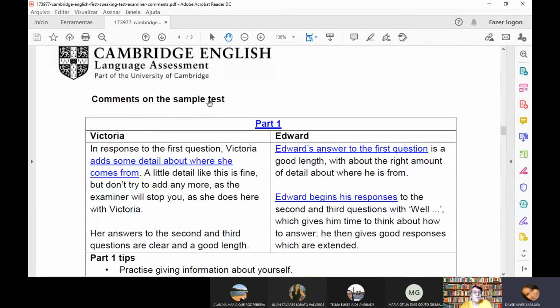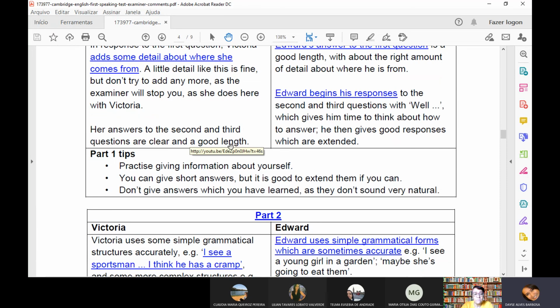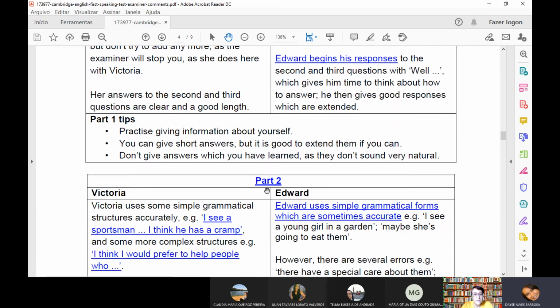And here you have the comments that were written by that person's colleague. She wrote comments on Victoria's performance and on Edward's performance related to part 1. Have a look at everything.